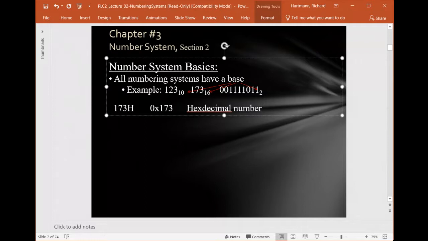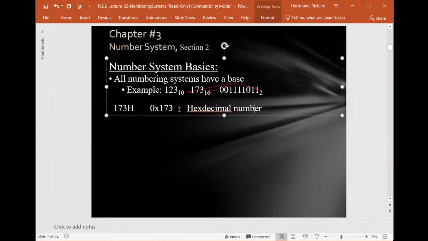The reason we do that is because you can't put subscripts inside most programming tools like RS Logix 5000.